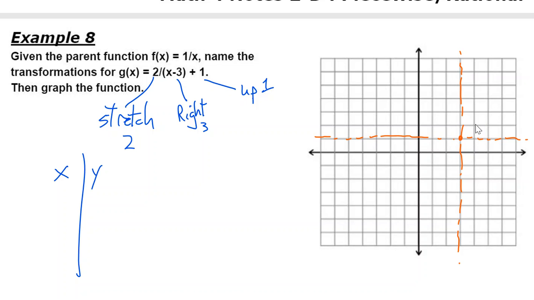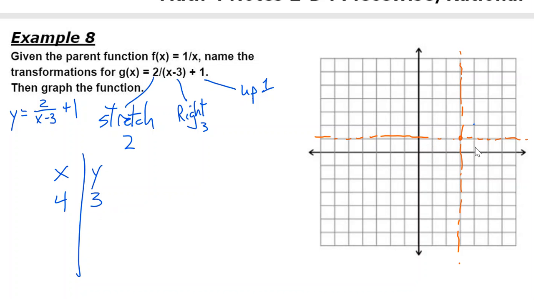Over on this side, we would normally think about the dot starting right there, which is where x is 4. What happens when x is 4? We'll plug it into this. Well, if I stick a 4 in there, 4 minus 3 is 1, and 2 over 1 is 2. 2 plus 1 is 3.